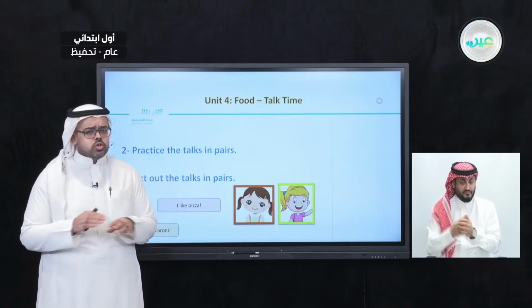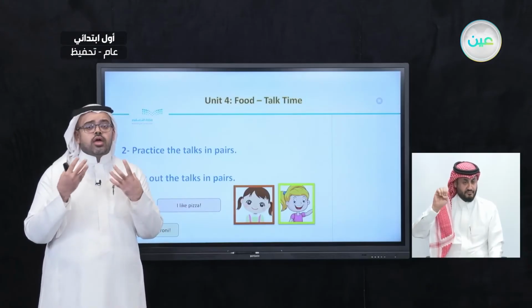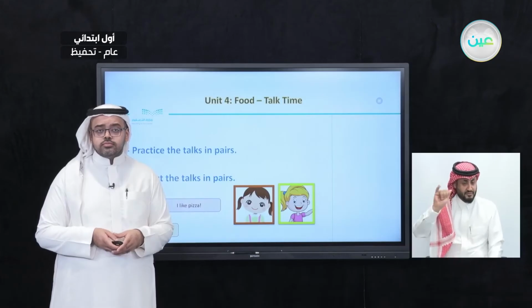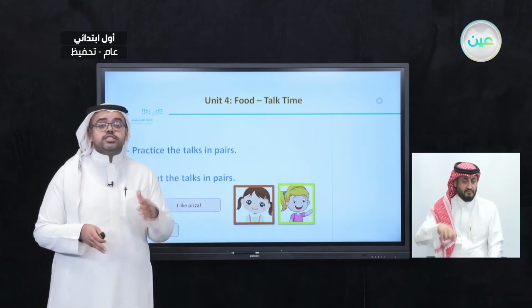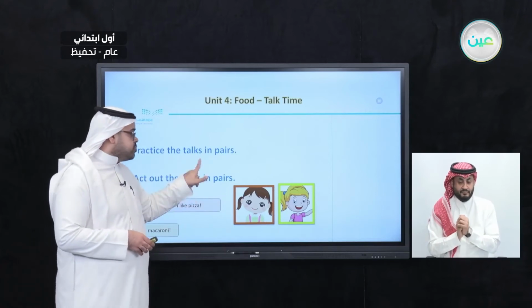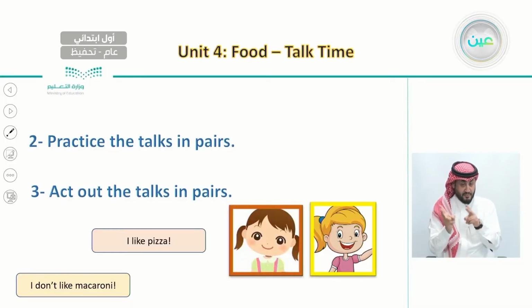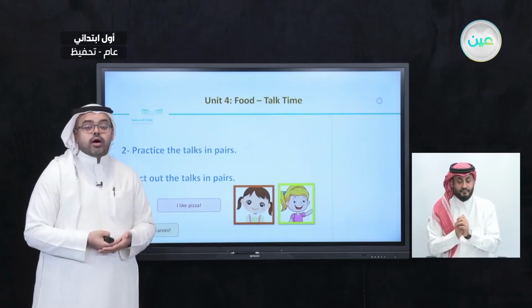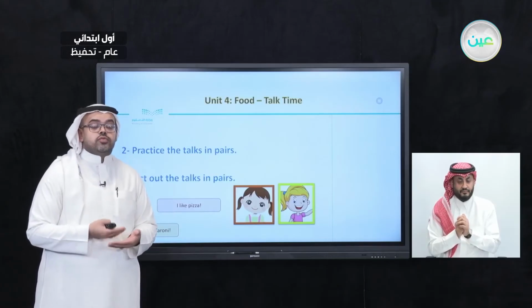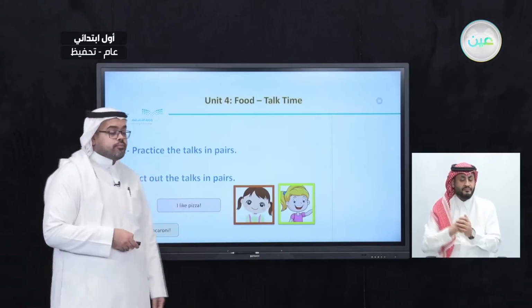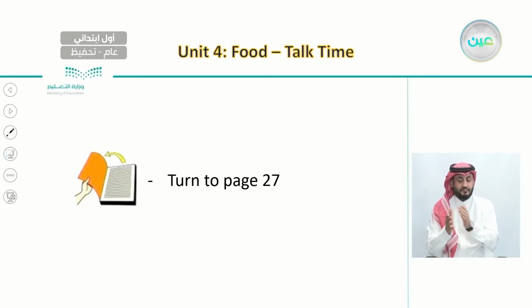Or maybe when you don't like it, you would make a sad face like, I don't like this food. So this is a practice that you can do in pairs, always with a partner. In pairs means always with a partner. Do this exercise so you know how to ask about what food the other person likes.